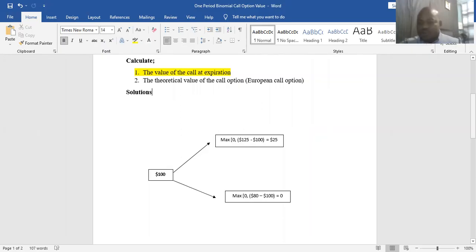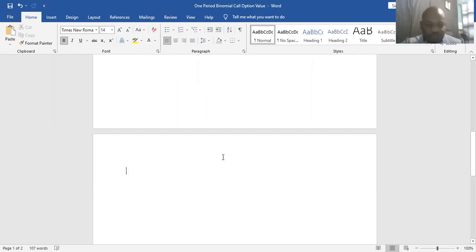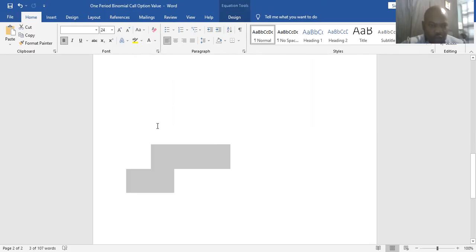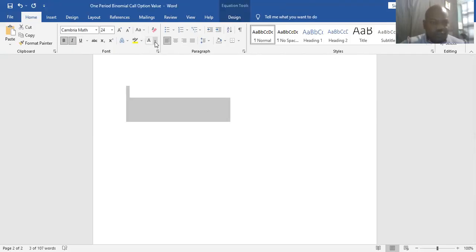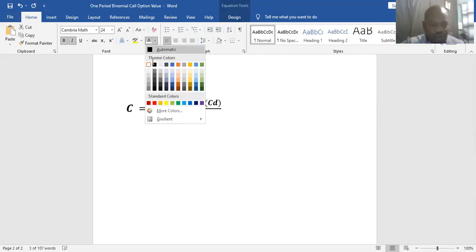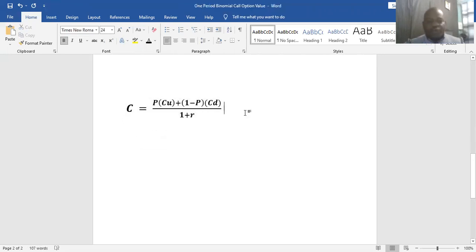For this one, I'll introduce two formulas that you need to know. Let me do this quickly. The first formula that you need to know is this one. This is the formula for the value of the call option.